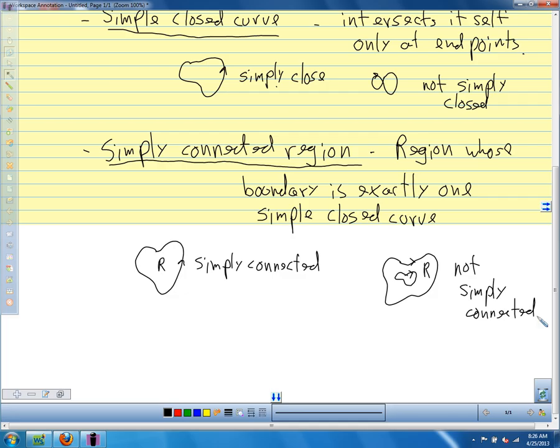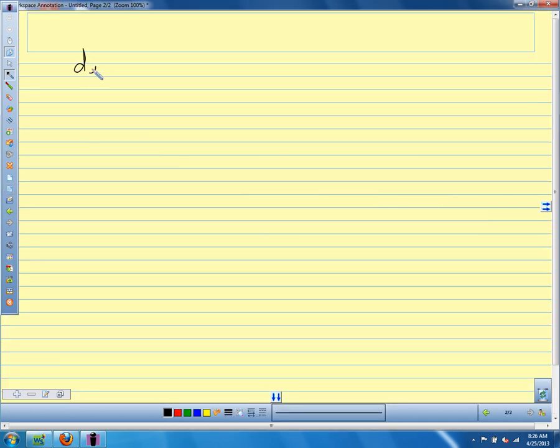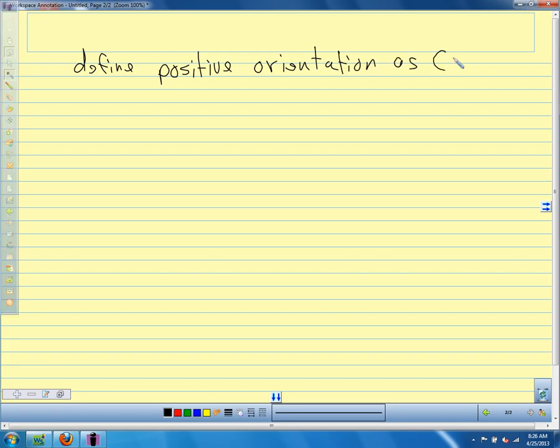For a simply connected region, we're going to define the positive orientation as counterclockwise. So when we traverse the boundary of a simply connected region, the region remains on the left as we go around the curve.